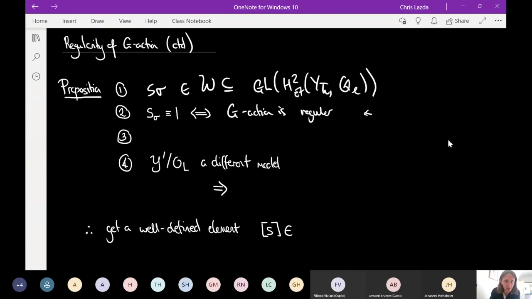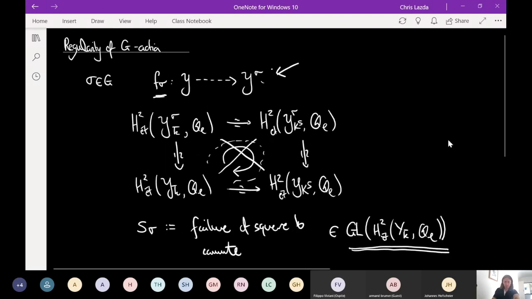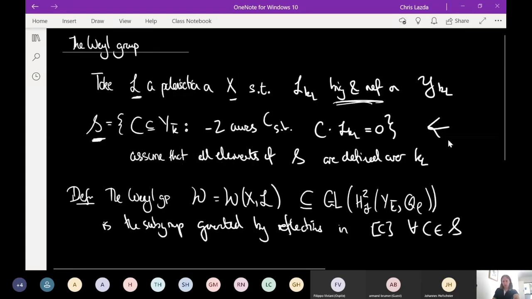So the next key thing about this map sigma goes to S sigma is that it's a one cocycle. The point here is that the fact that all of these elements of S are defined over K_L means that my Galois group G is going to act on them, and so if it acts on all the C, it's going to act on the Weyl group.